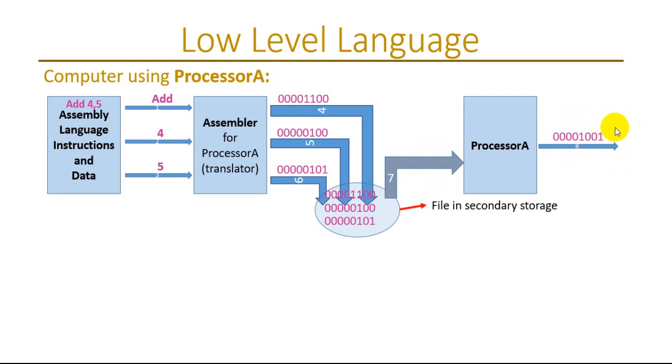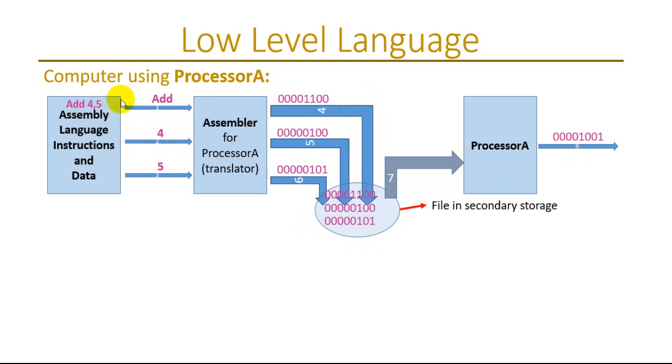Now let's assume I want to add 6 and 5. That is when this has to be changed. Then you have to change this, assemble it again and get the new version's machine language code, and then you can keep on executing that. So every time you need the original, this is called the source.